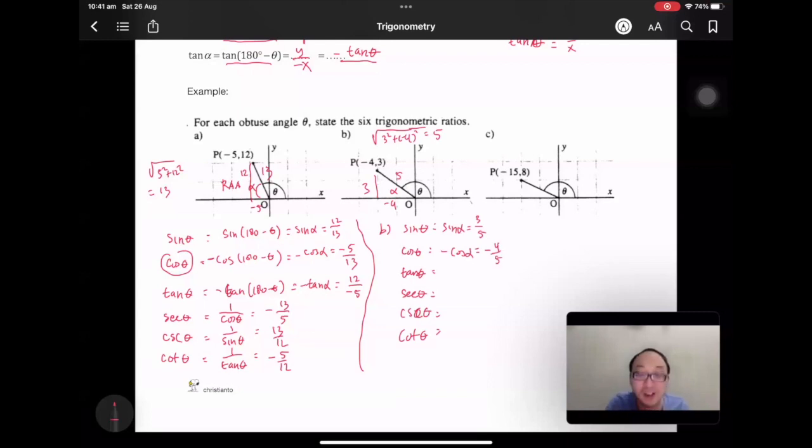And tangent is negative tangent alpha, which equals 3 over -4. And secant theta as well is 1 over cos, so it will be -5 over 4. Cosecant is 1 over sine, so it will be 5 over 3. And cotangent is 1 over tangent, so it will be -4 over 3.